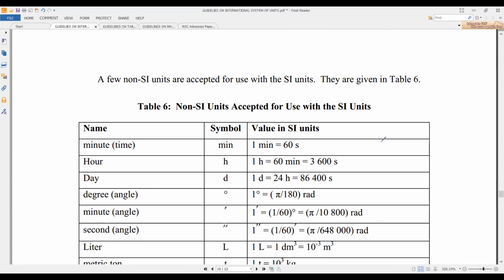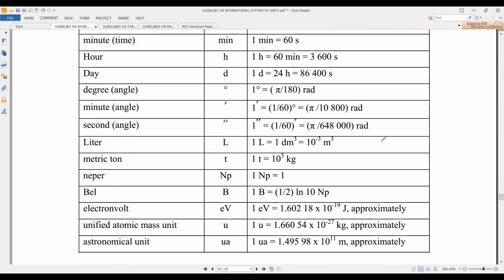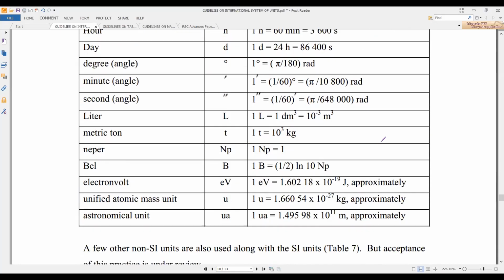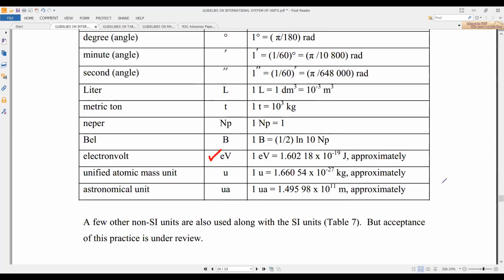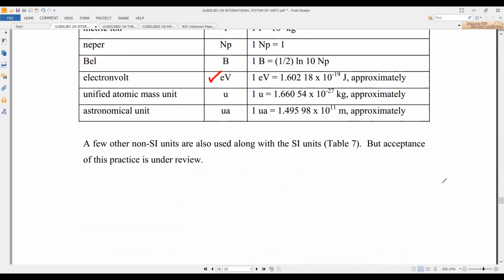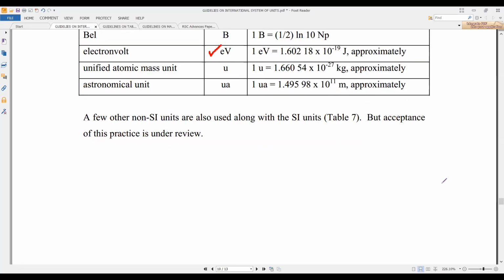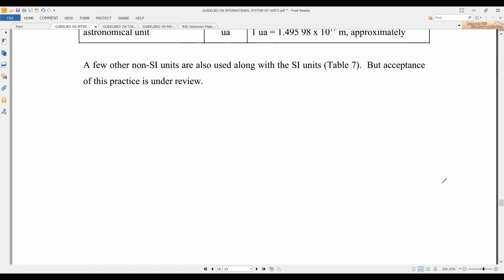A few non-SI units are also accepted for use with the SI units, and these are given here, right? This we have discussed, like many times we use electron volt in chemistry, physics, electronics. This unit is quite common. A few other non-SI units are also used along with SI units, but acceptance of this practice is under review.